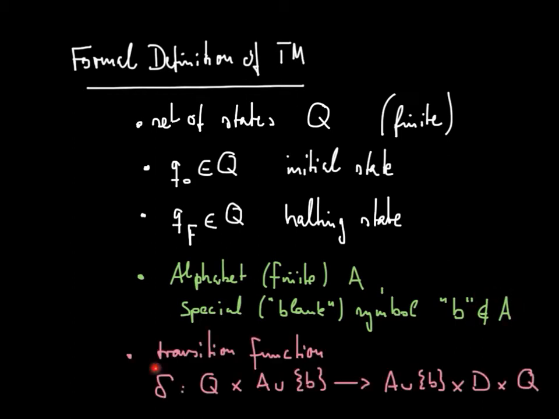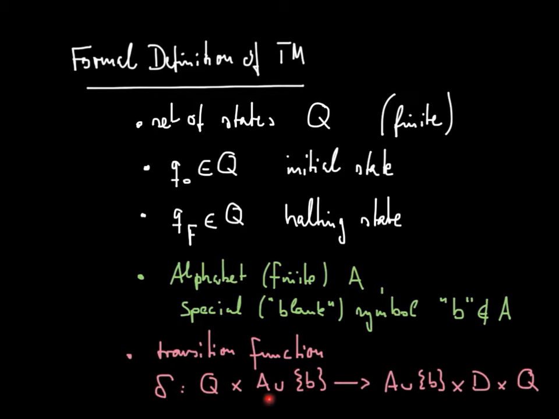And finally, we have the transition function, that is a mapping delta that maps a state and a symbol. So think of the current symbol that is pointed to by the read-write head, and that cell can contain either a symbol from A or the blank symbol.